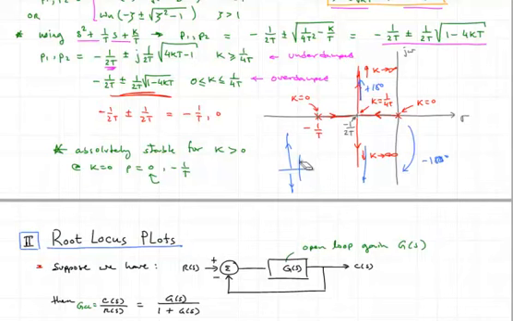Well, if you have a different number of poles, for instance 3 poles and no finite zeros, your root locus would look something like this, where the asymptotes are now at 120 degrees from each other, rather than 180 degrees from each other. So that'll be the next step.